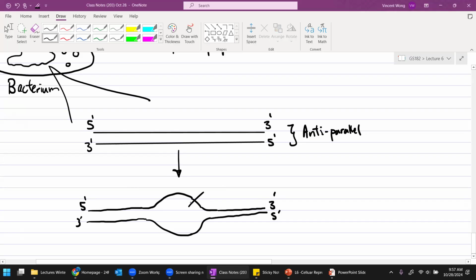So this here is called the origin of replication. Replication bubble.